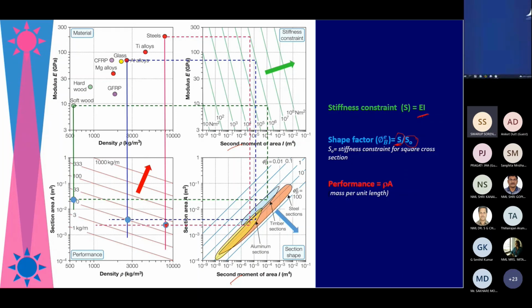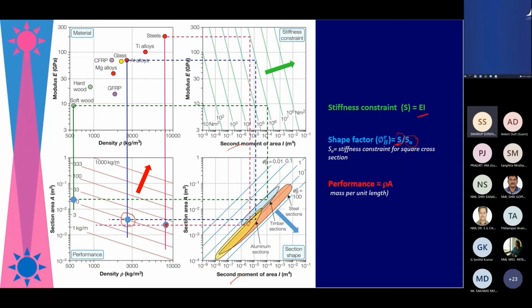So here we find that aluminum has the lowest value. So the performance of this shape as well as the material can be decided by doing this exercise and looking at what material with this shape constraint can be chosen for the minimum mass design.